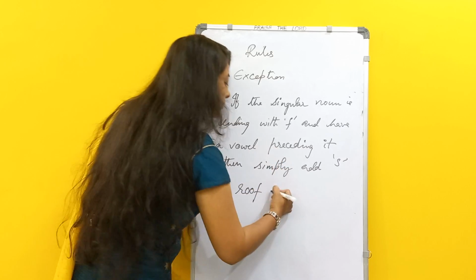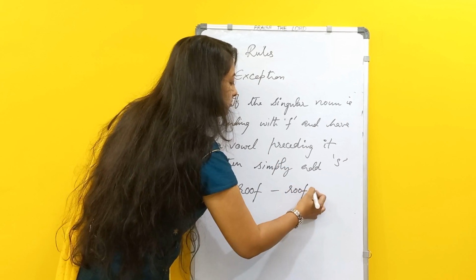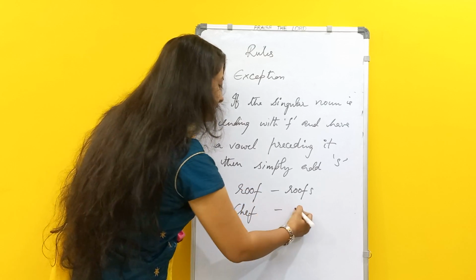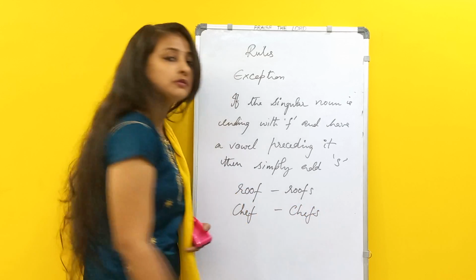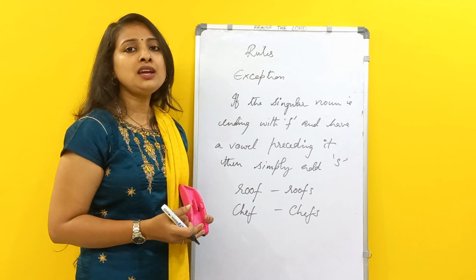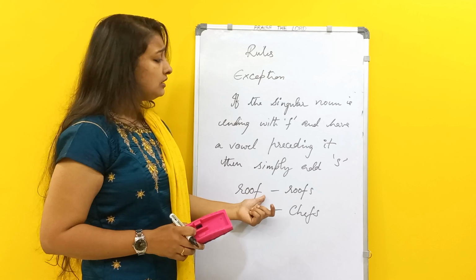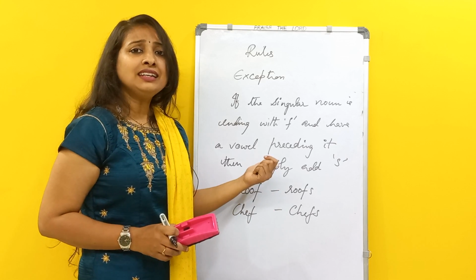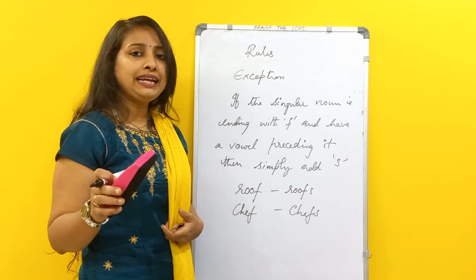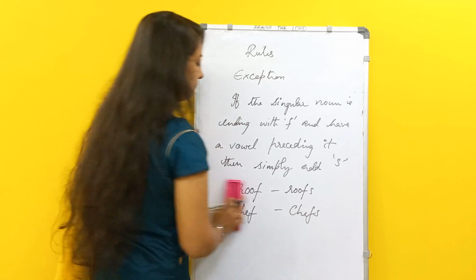It will become roofs. Chef becomes chefs. Okay. Belief. Beliefs. So here when there is a vowel preceding the F, you will simply add an S.